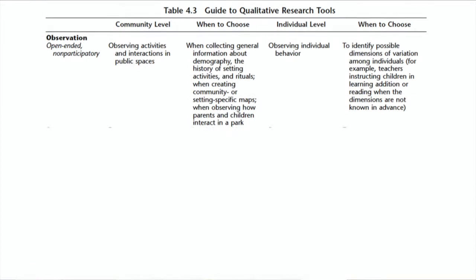Although we talk most commonly about participant observation, we need to remember, and we will reinforce this later, that observation comes in a number of forms, which includes non-participatory observation, where you are looking at things that you are not actively involved in. On a community level, this means observing activities and interactions in public spaces.